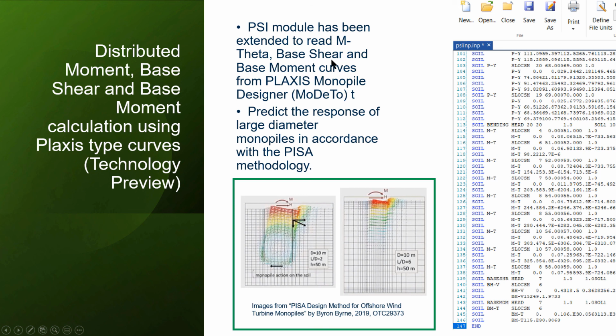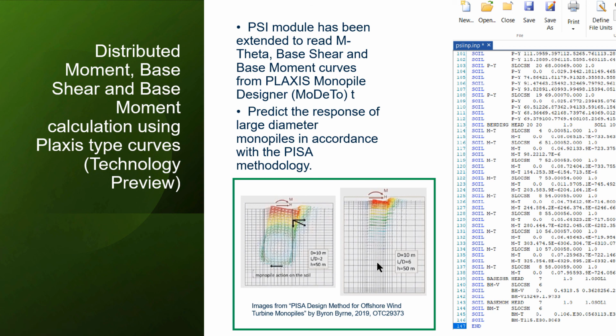Basically, these properties are calculated from the Praxis model, which is for the analysis of monopile wind turbine structures. This feature is to predict the response of large diameter monopiles because their failure mode is different from the general long and slender piles that are used in jacket structures.